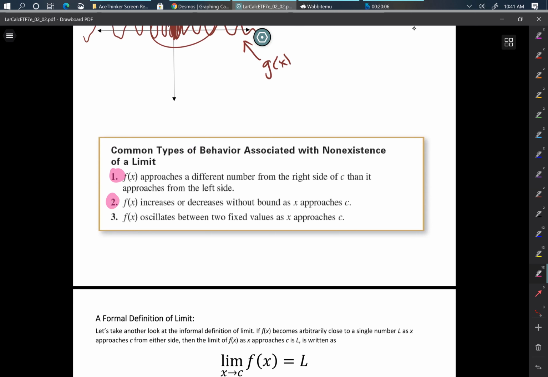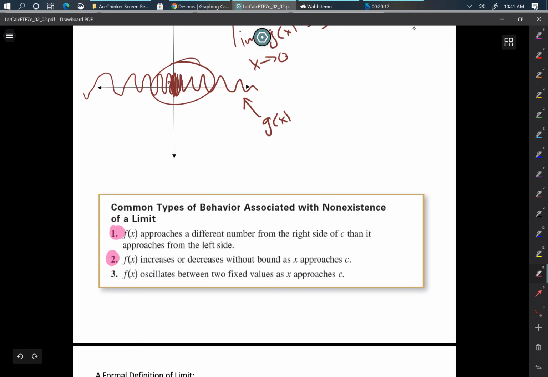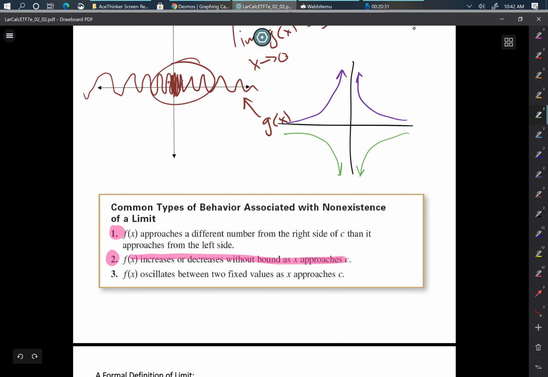Now, one thing I want to make clear, I didn't quite make it as clear as it could have been. My example for number 2 had one side going down and one side going up. If you had a graph where both sides went up, or if you had a graph where both sides went down at a vertical asymptote, you would still say that that limit does not exist.